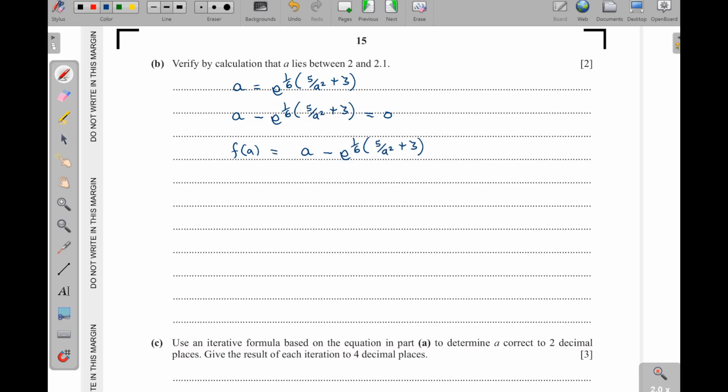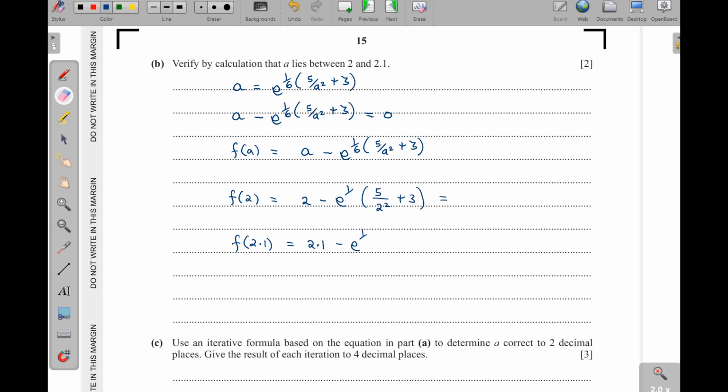Now we substitute what is f of 2. So we shall substitute a 2 wherever there is what? An a. So this is 5, then over 2 squared, then plus 3. It will give us a certain value. Then even f of 2.1, wherever there is a, we put a 2.1. It will also give us, oh, there is something I missed here.